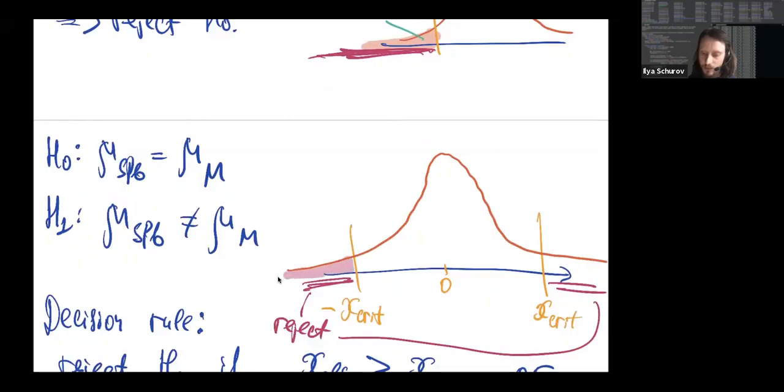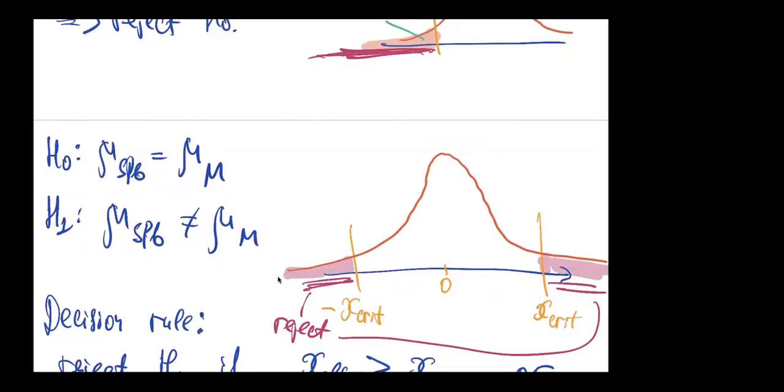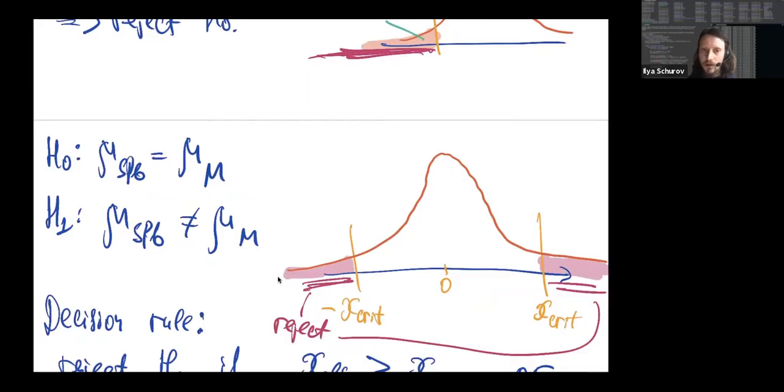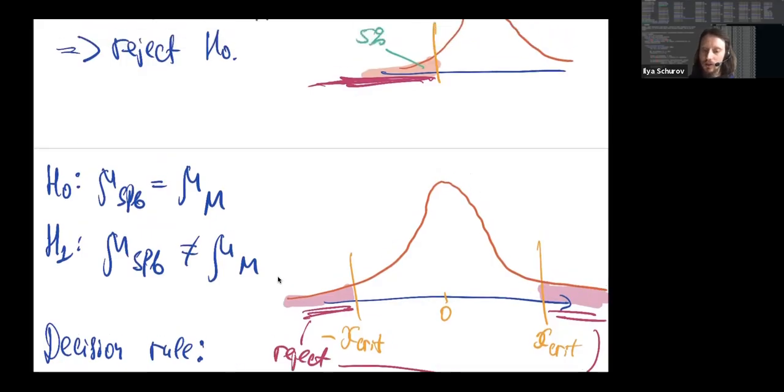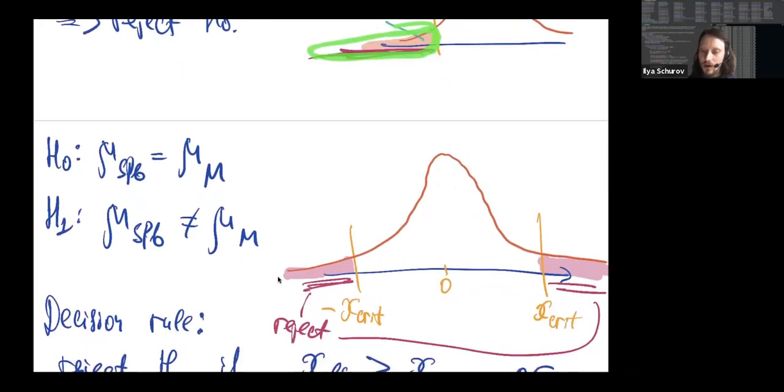Yeah, exactly. In fact, now you have more or less twice as many ways to make type 1 error. Previously, you had only this way. And now you have two ways: you can be either here or here.